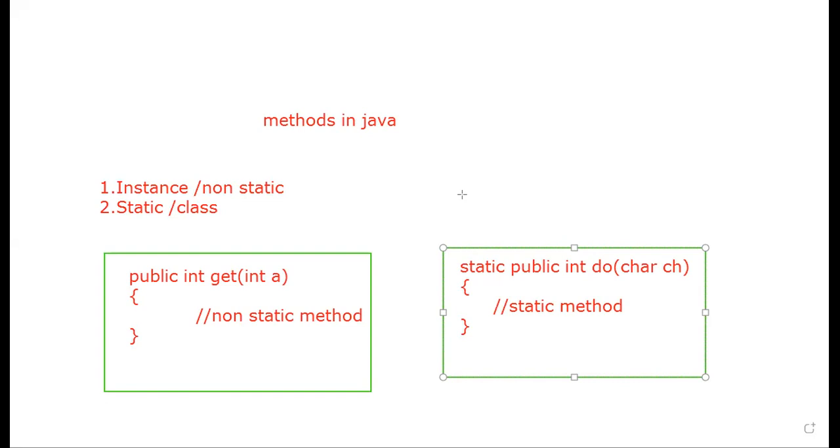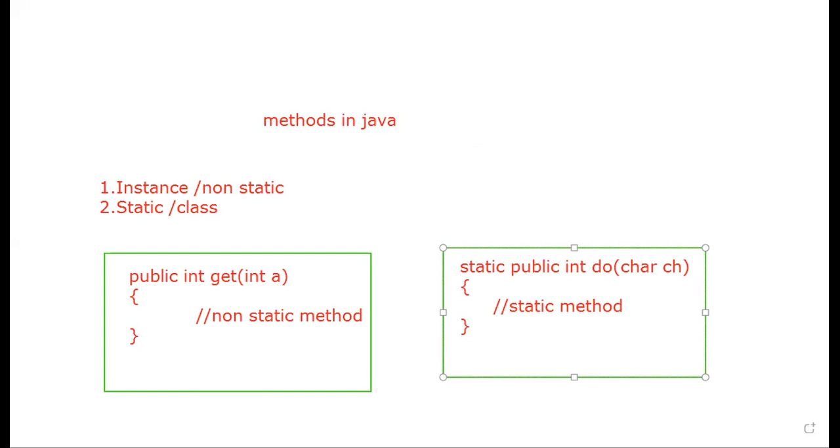It exposes the behavior in the form of methods. Who exposes the behavior of a class? Methods expose the behavior of the class. And how can we show the state of that class? By the object. Object shows the state of that class in the form of variables.